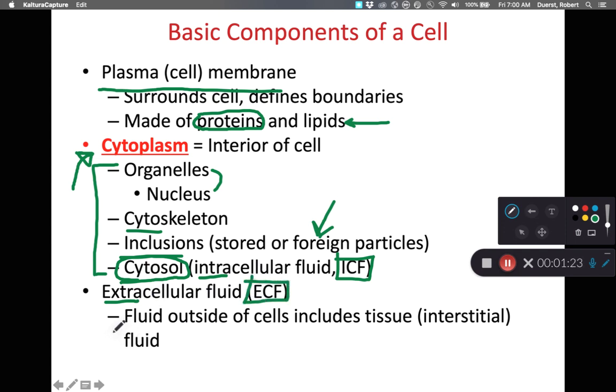This is the fluid that's outside of the cells. Oftentimes, this will be referred to as interstitial fluid because it's the fluid outside of the cell and outside of the bloodstream. It serves as an interface. Nutrients from the bloodstream can go to the interstitial fluid, and then those nutrients go from the interstitial fluid to the intracellular fluid.